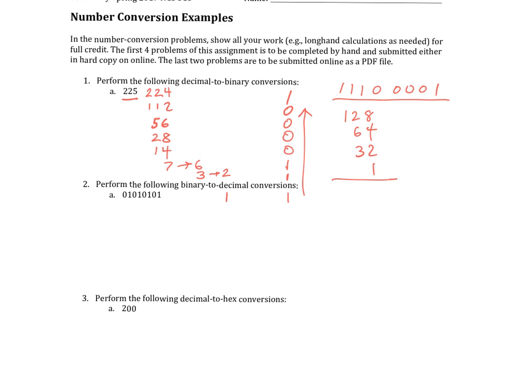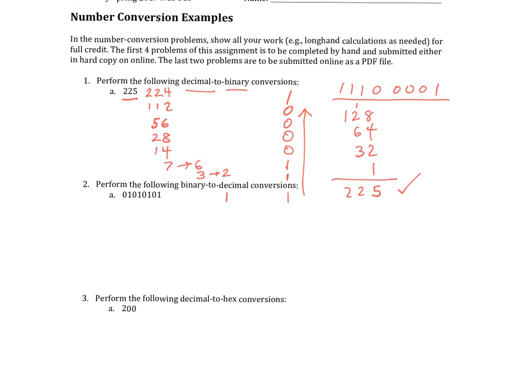And now we add these up, 128, 192, 224, 225, and we've got a successful conversion, okay? And this is a very powerful algorithm for converting from decimal into binary.